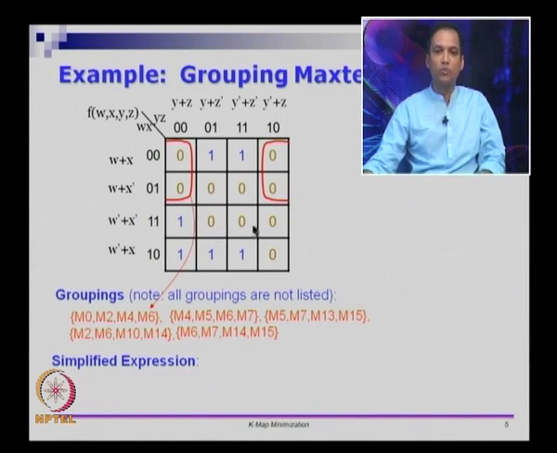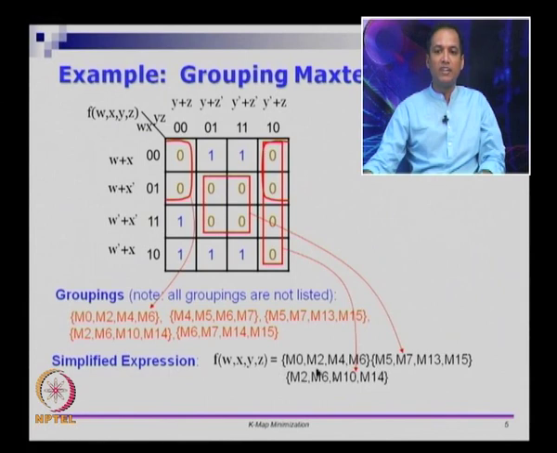So in this case I can group these 4 together, and I will still be left out with these 2 zeros here, but they are in this column containing all the zeros. We can group all of them together also, and we get various terms. So this grouping is M0246. So this is 0, this is 2, this is 4, this is 6.